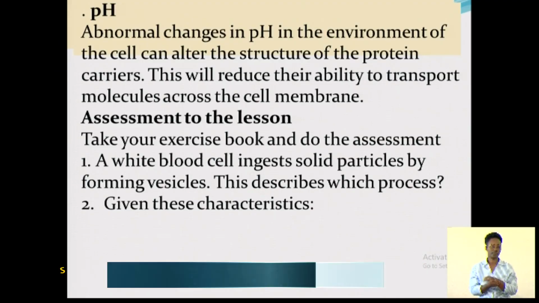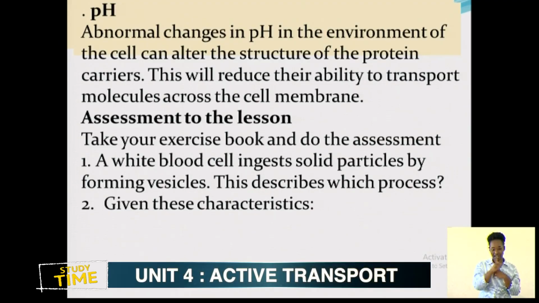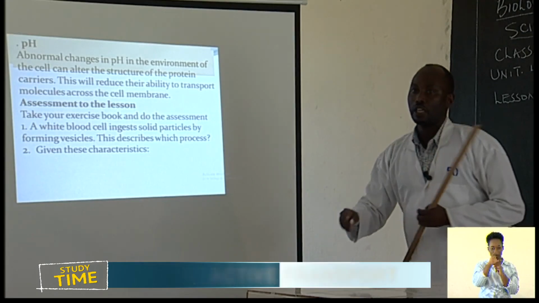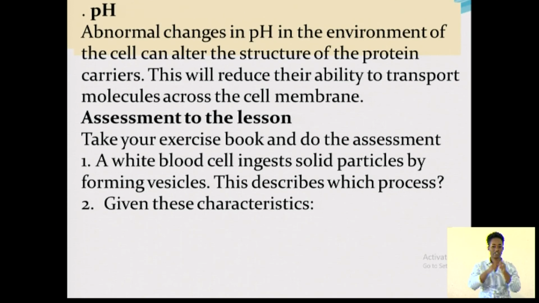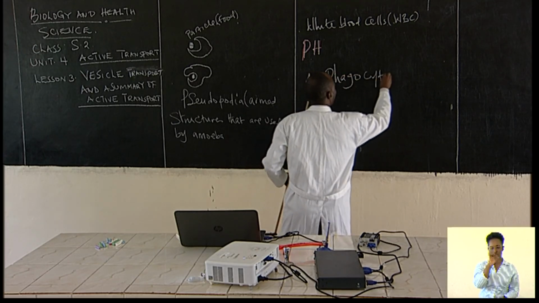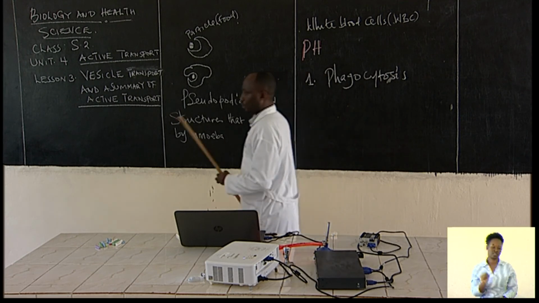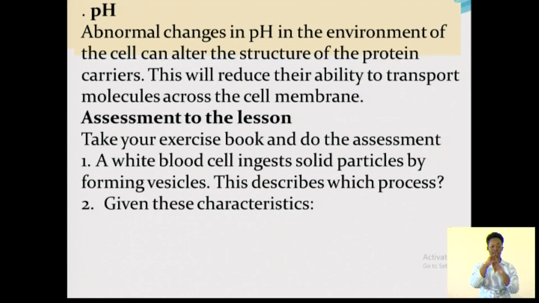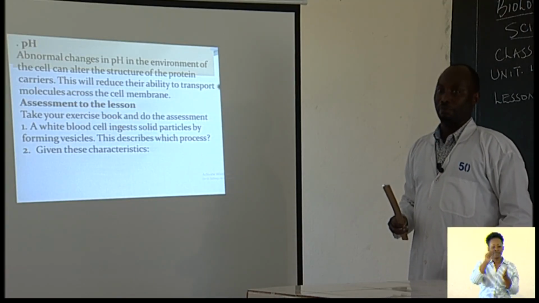The white blood cells ingest the solid particles by forming vesicles. This describes which process? That is question 1. The answer to question 1 is phagocytosis. I'm giving you the answer to this process, and where necessary, you have to draw the diagram.